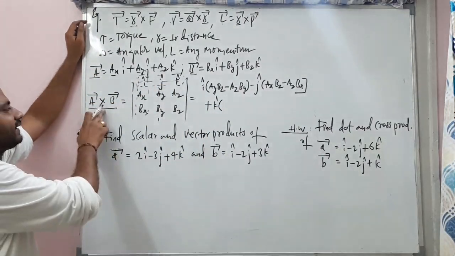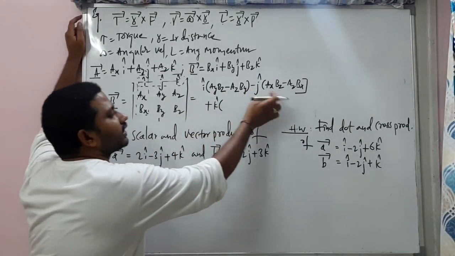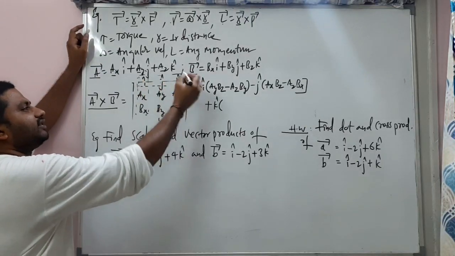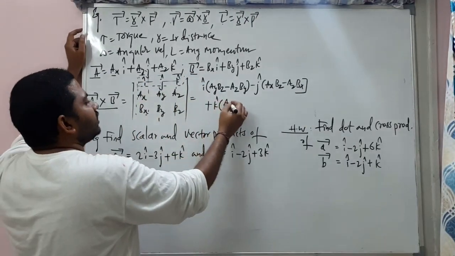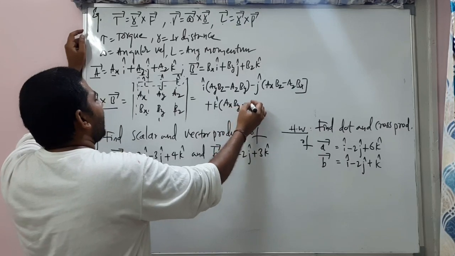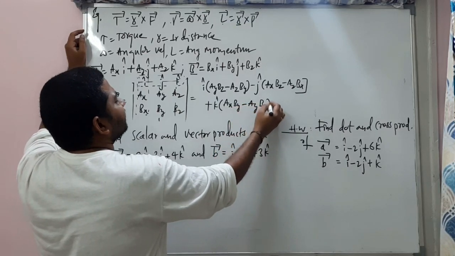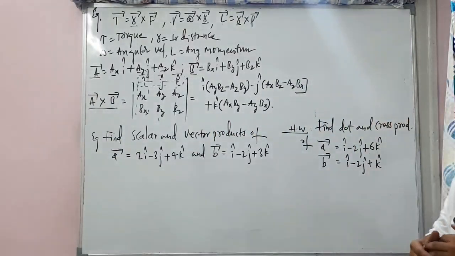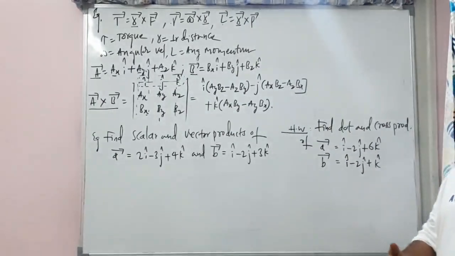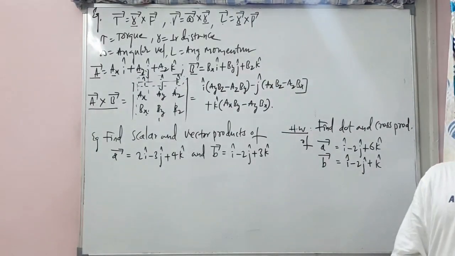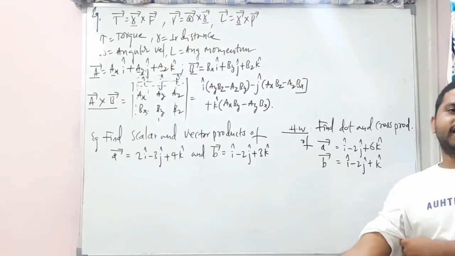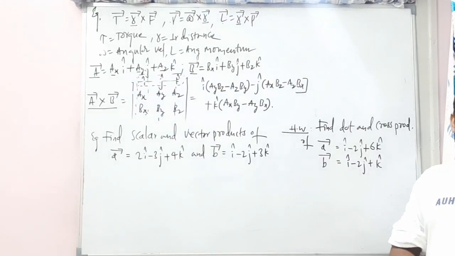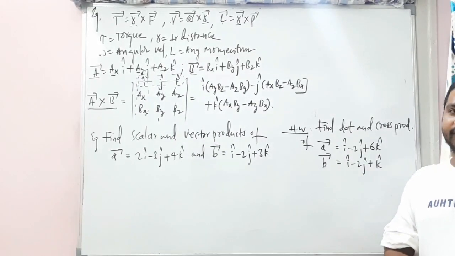This is a vector which will have i cap, j cap, k cap coefficients. For k cap, if you remove the horizontal and vertical lines, what is left here is ax by minus ay bx. That's it. So this is how, by using the determinant method, we find the magnitude of A bar cross B bar as well as its direction. Direction is very simple. Let's find it.